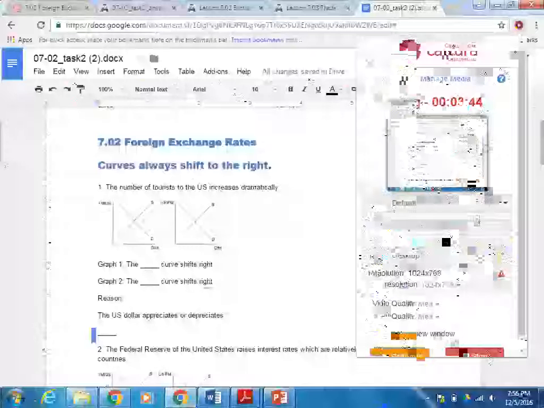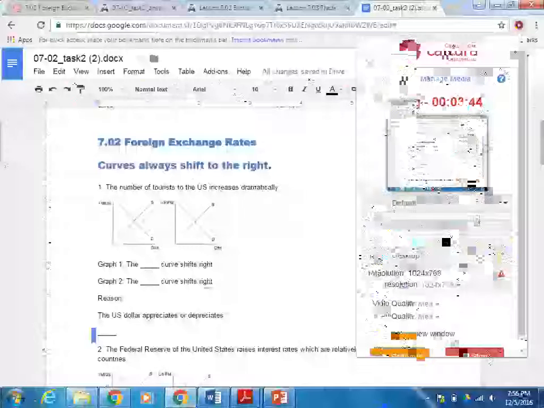So what's going to happen is in graph 1, your demand curve is going to shift right because there's a higher demand for U.S. money. And then in the second graph, the supply curve is going to shift to the right, because people were turning in more euros as the demand for U.S. money was growing.